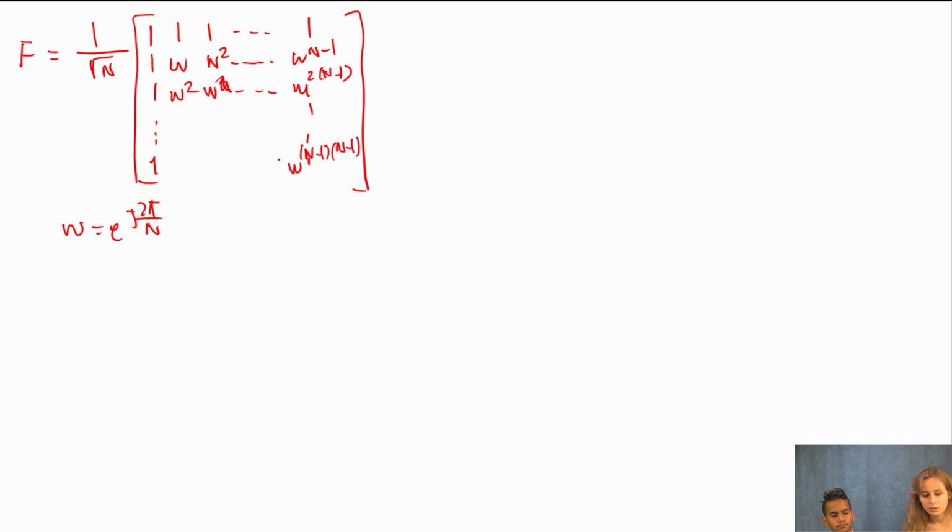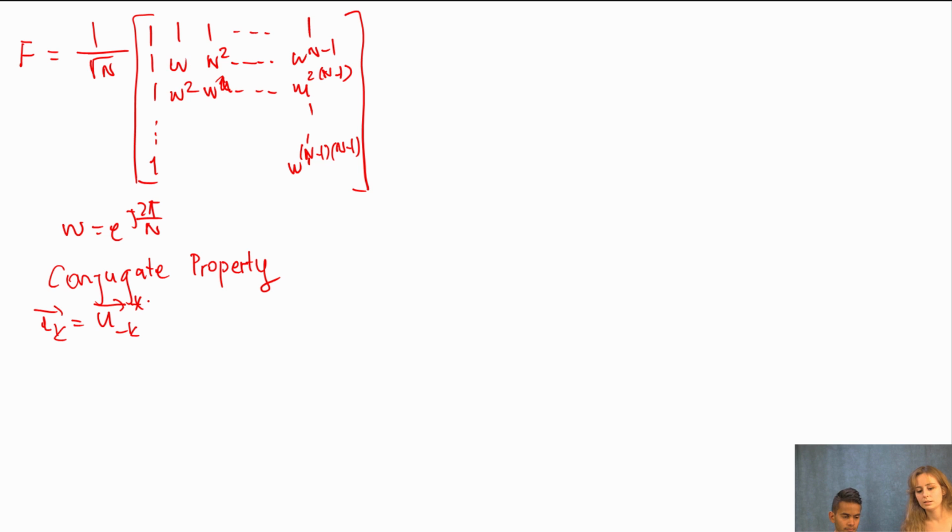Great. Okay, so one useful property is the conjugate property, which is that u_k is the conjugate of u minus k.